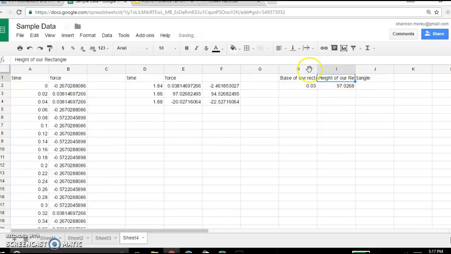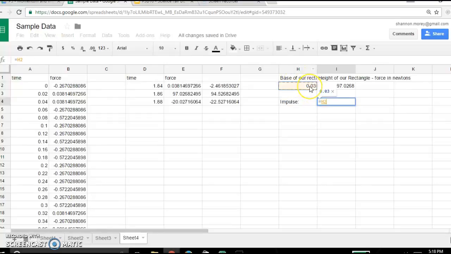And then the height of our rectangle, which is really our force in newtons. Okay, and you just multiply them together. So then our impulse right here is just equal to this times this. All right, so then our impulse is 2.91. And that's what you guys need to do in order to calculate the impulse for each of your trials.